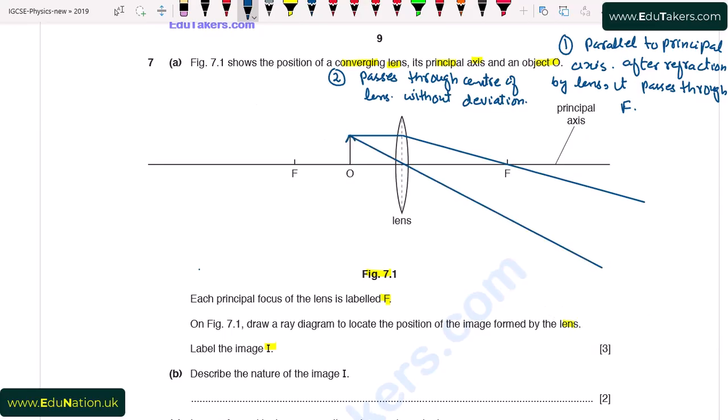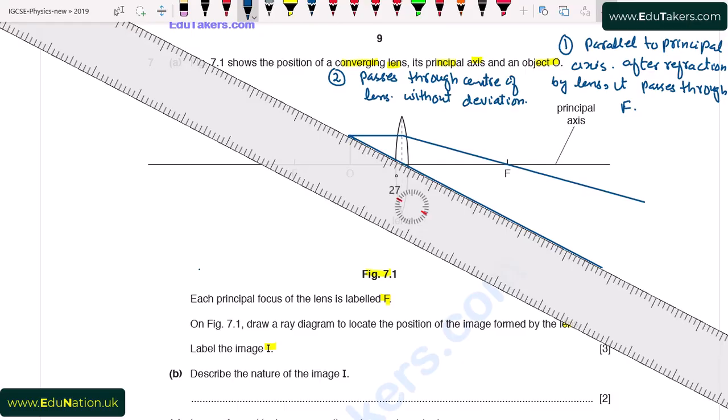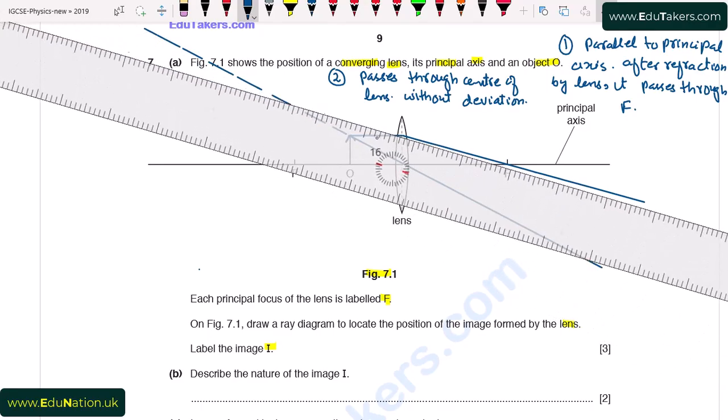Now I have drawn both of these rays, but they are moving apart from each other. They don't form any image. As we know that a converging lens forms the image, I extend these two rays in the backward direction, and where they meet at a point, it will be the image. So I'm going to extend both of these rays backward, and I also have to extend ray 1.